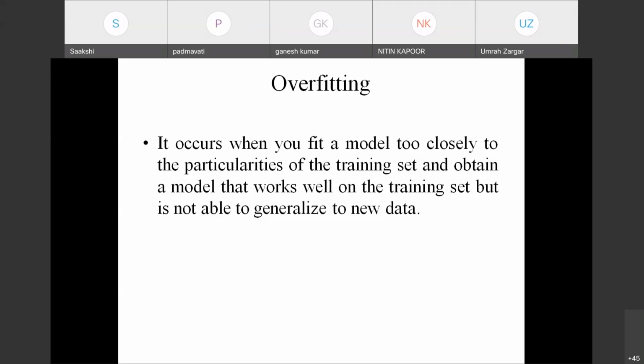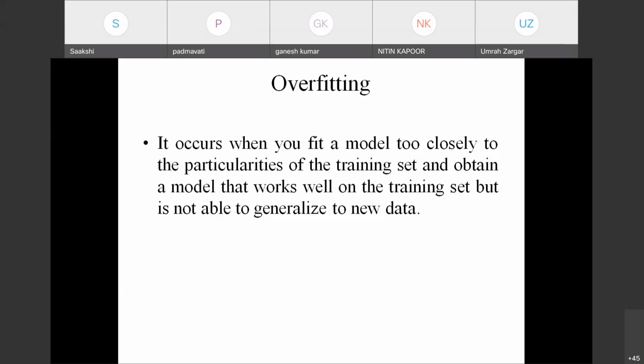Generalization means it should give good results on the unseen data as well. But overfitting means it gives very good results on the training data, but it is not happening with the test data, or the data which has not been seen by the model. Okay, that means my model is not a generalized one.